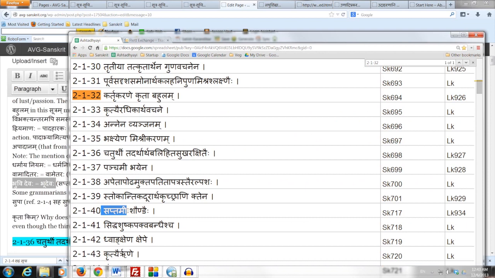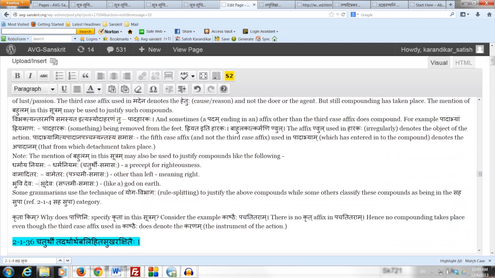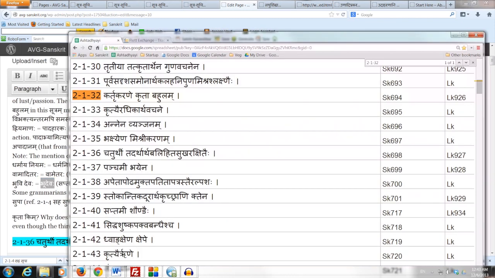So we make saptami a separate sutram, and that sutram says a saptamyantam padam generally optionally compounds with another subantam padam. Hence we justify compounds such as bhudevaha. So we create a loophole to justify these compounds by splitting the rule into Saptami and Shaundaihi. This is another way out.